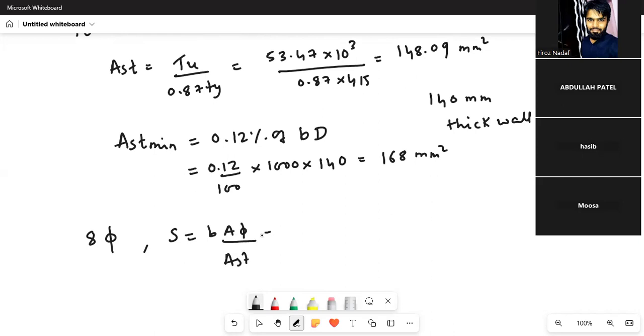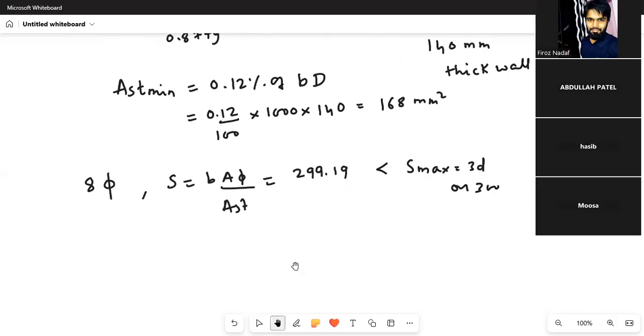You know the formula. If I am assuming 8 mm bar, my spacing is 299.19, and the maximum spacing is 3 into D or 300 mm. Whatever spacing I have gotten is less than 300 mm, so we can provide that spacing.